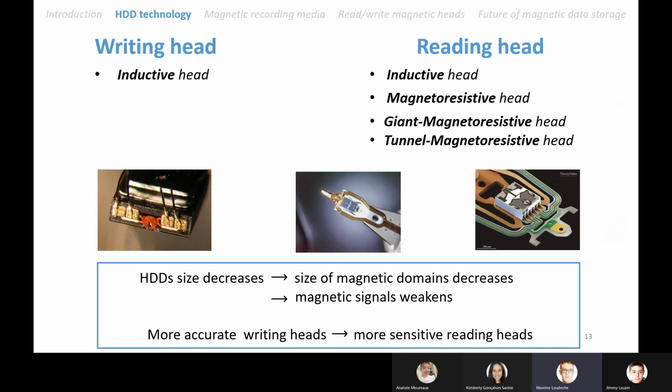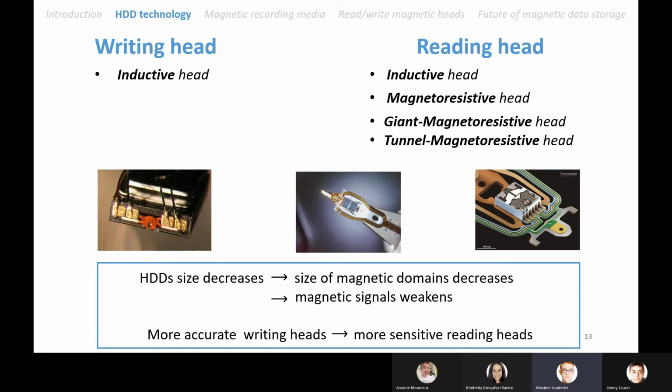The writing heads haven't changed a lot through the years, and the technology that is used is still the inductive head. However, the reading head has evolved a lot through the years. Indeed, as we said previously, the data storage density increased because we are able to reduce the size of the bits.